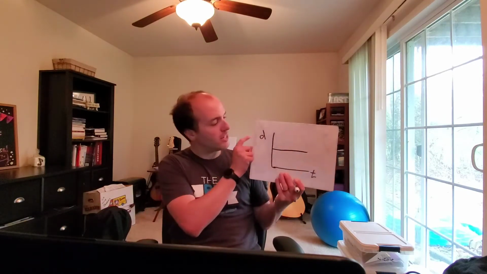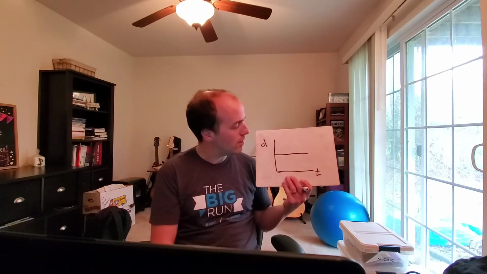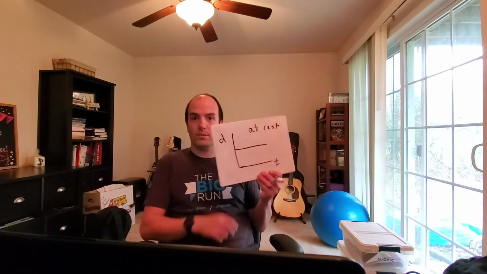Now, the way the graph looks will tell you different things about how that object is moving. So for example, if you have a displacement d versus t graph and the line is horizontal, this tells you the object is at rest. Okay.